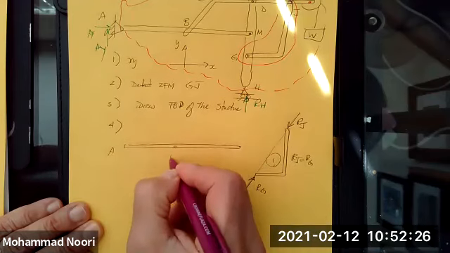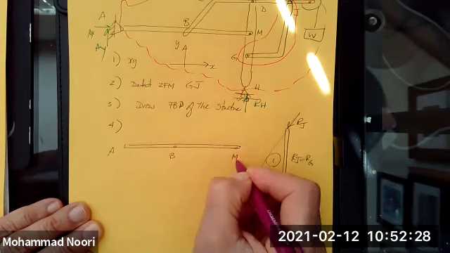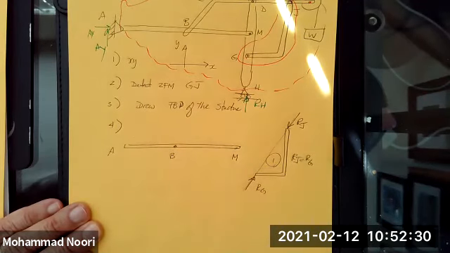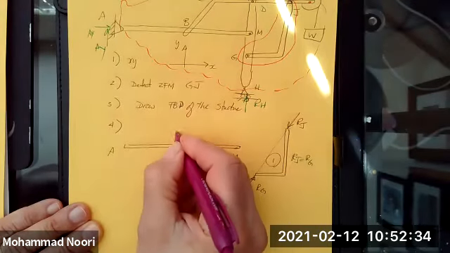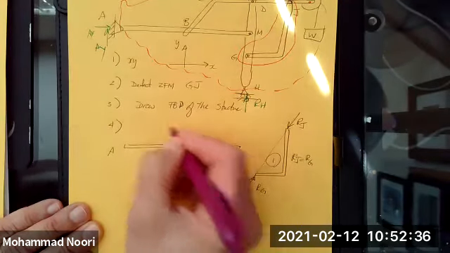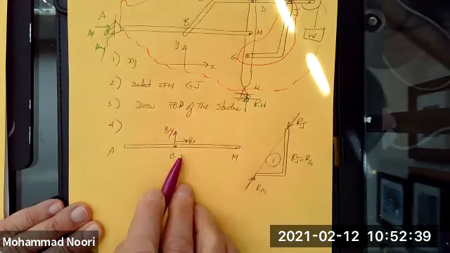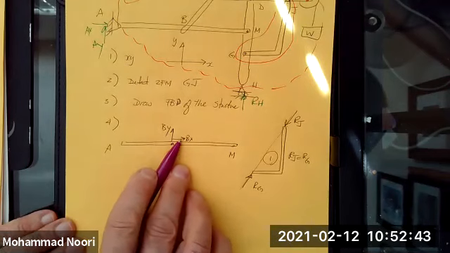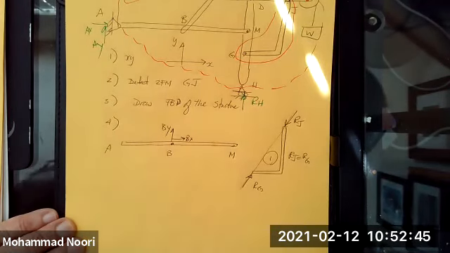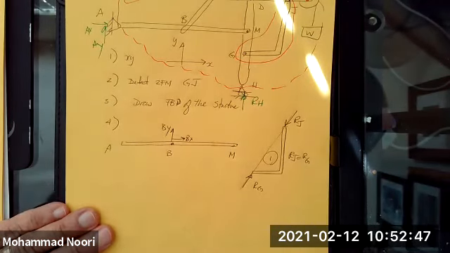A, B, M. At point B, you have a pin connection. That means there are two unknown forces that this pin represents, right? And remember, don't care whether these directions are right or wrong. After, as you've seen before, you solve for those unknowns.